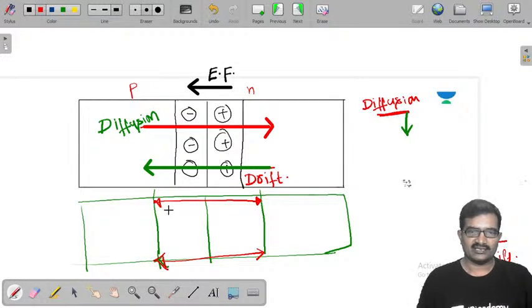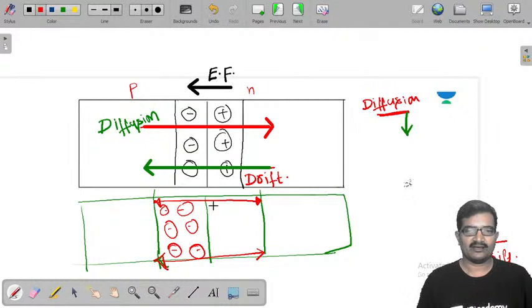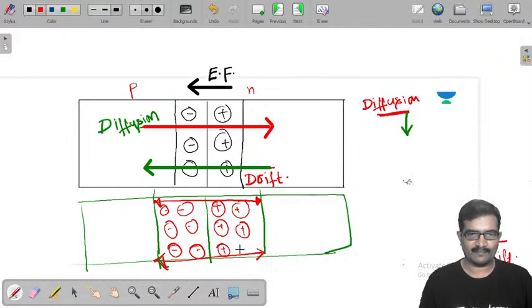It means the negative immobile ions in the depletion region are going to increase. More ions in the depletion region result in the strength of the electric field directed at the junction increasing.